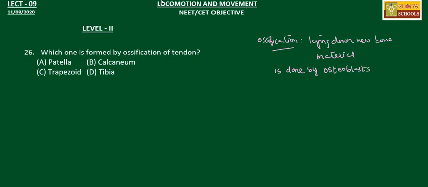These osteoblasts are cells that help in producing new bone material, and the process is called ossification.